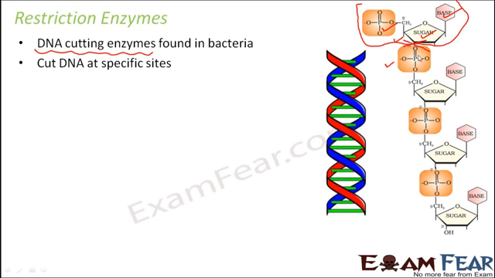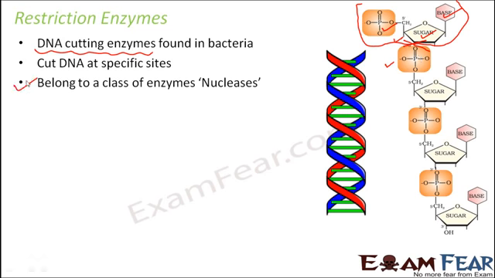If this bond is broken, your complete chain of DNA will get broken. So these enzymes help in doing that. They cleave the phosphodiester bonds between the nucleotide subunits, and that is how DNA is being cut. These restriction enzymes belong to a class of enzymes called nucleases.